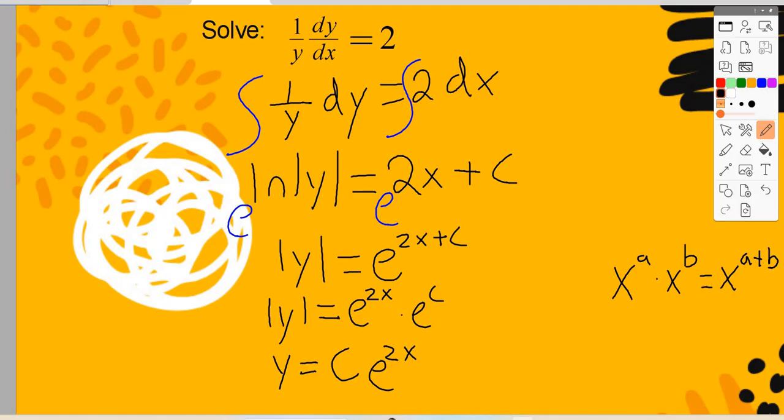But is plus or minus c still just a constant? So again, we let that c scoop up all of the possibilities, and we would figure out if c was positive or negative by plugging in an initial condition. Most of the time with your differential equations that end up having an e in them, you're going to see your constant in the front, and it's because they've rewritten it this way.